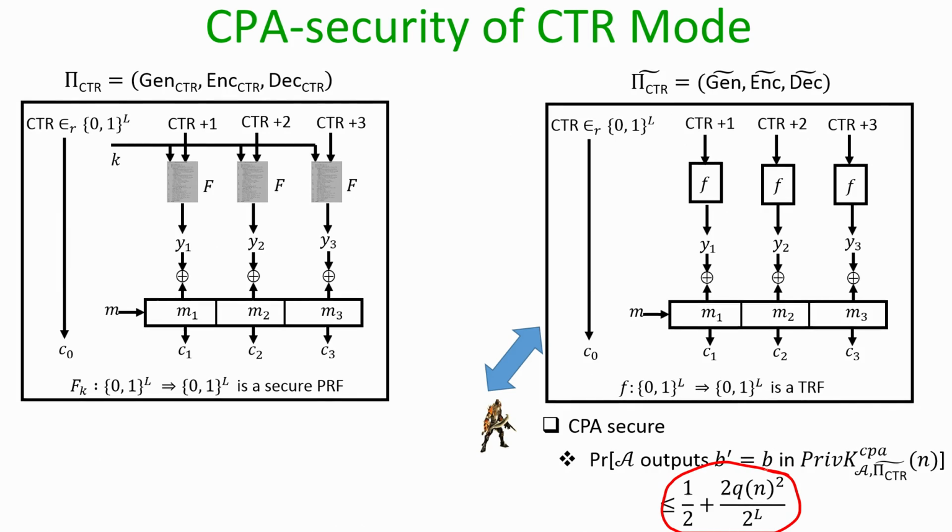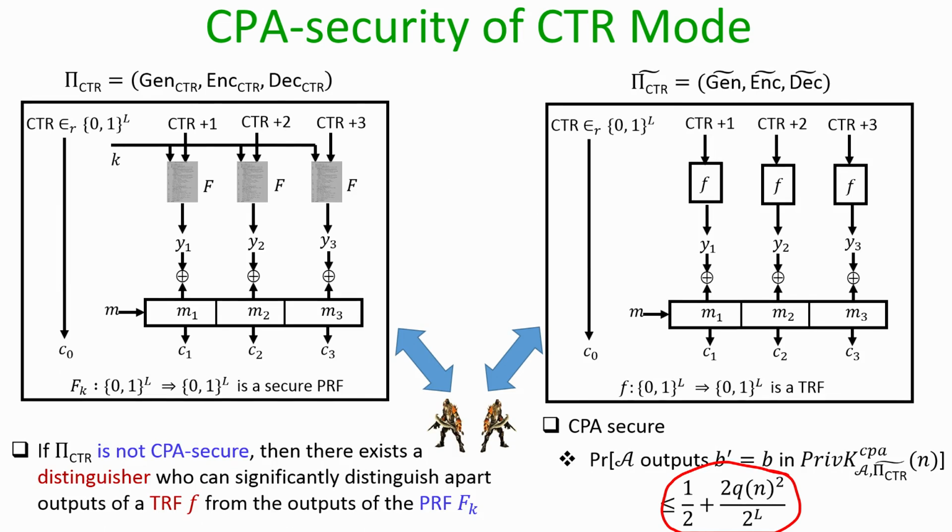If we assume that big L and q(n) are polynomial functions of the security parameter, then overall we end up showing that the probability of any polytime adversary winning the CPA game against this truly random function based counter mode is half plus negligible, which satisfies the definition of CPA security. So, let us first do that.